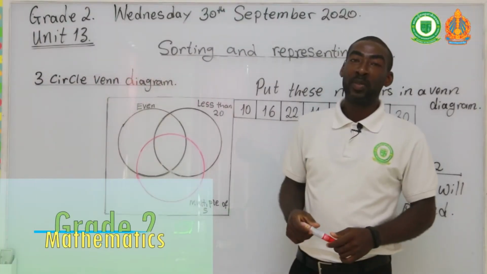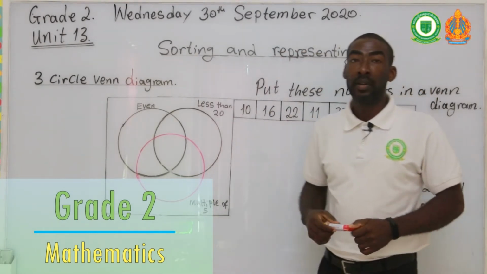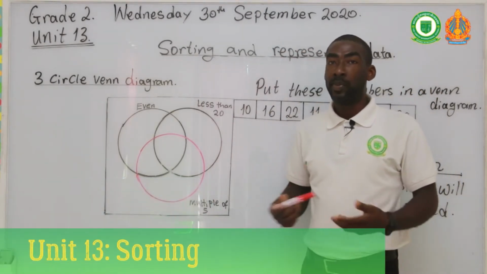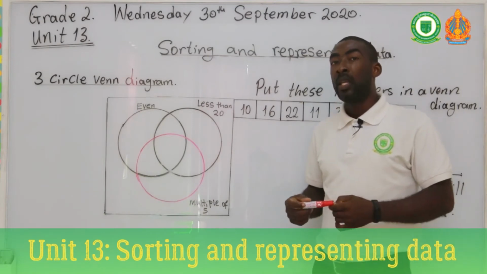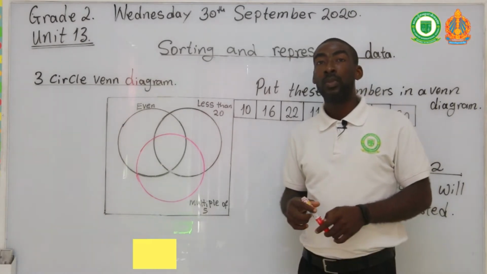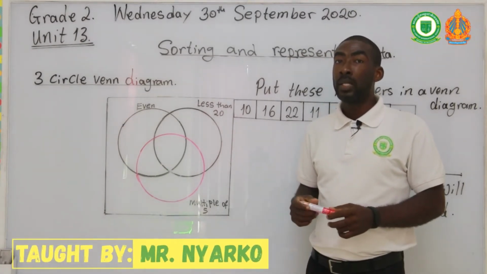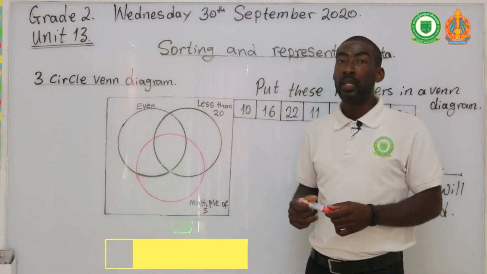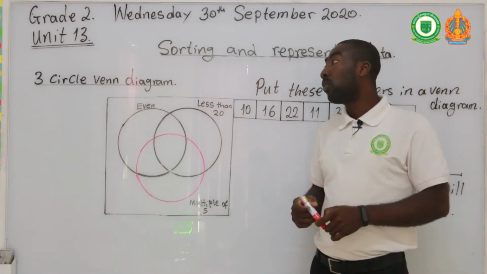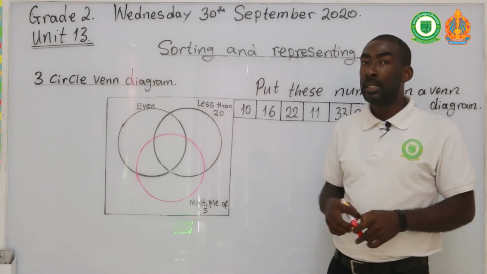Hello students, welcome to our second video. Our lesson is on Venn diagram. We are using Venn diagram to do sorting and representing of data. In our first video and our previous lesson, we've been dealing with 2-circled Venn diagram. In this section, we'll be looking at how we can use the 3-circled Venn diagram to sort our data or to represent our data.